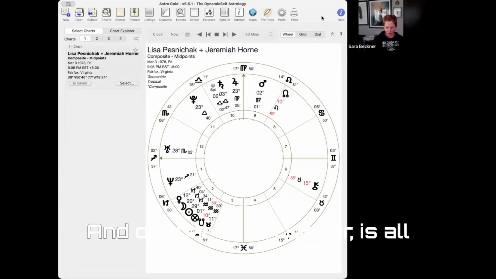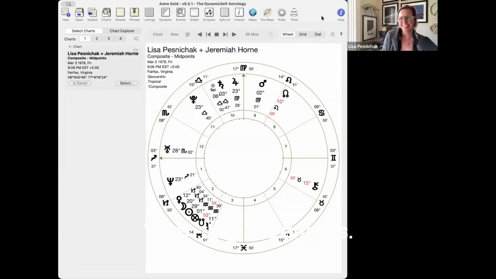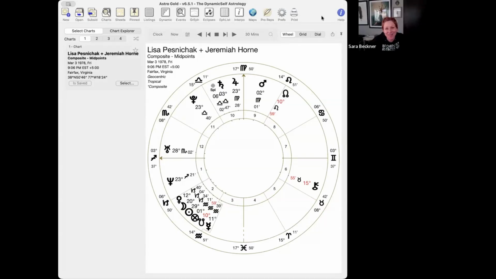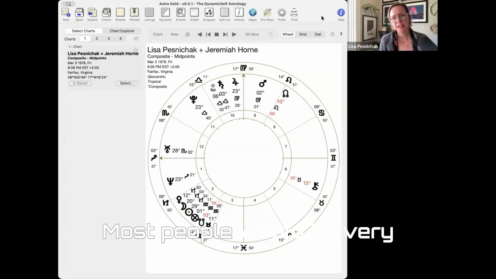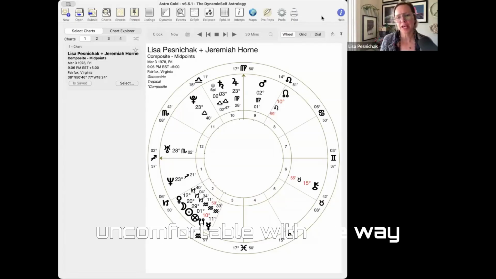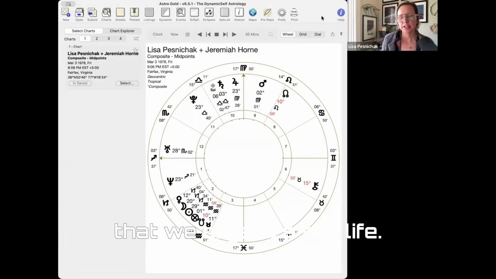Yeah. And on that note, Jupiter is all about expansion, abundance, and requirements in terms of learning, adventure. And it's up there at the very top of your chart. It's the highest planet in the chart. So, yeah, we're definitely big dreamers. Yes. Most people would be very uncomfortable with the way that we organize our life.